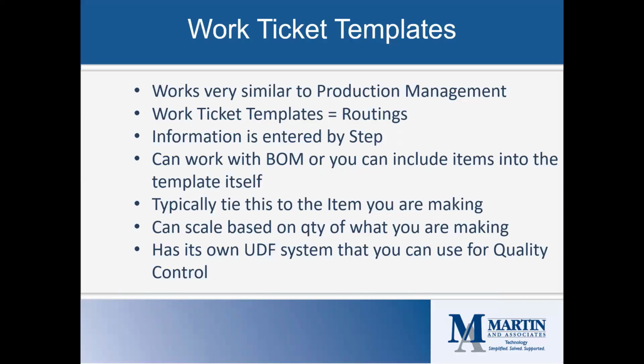So each type of work ticket you're working on can have its own quality control checks, and you don't potentially have to use the same set of features across every single item that you make. You can get those UDFs or QC questions narrowed down to the item that you're making.